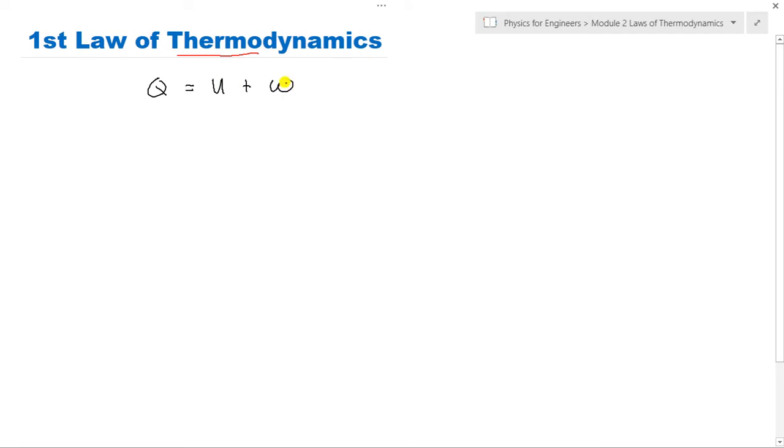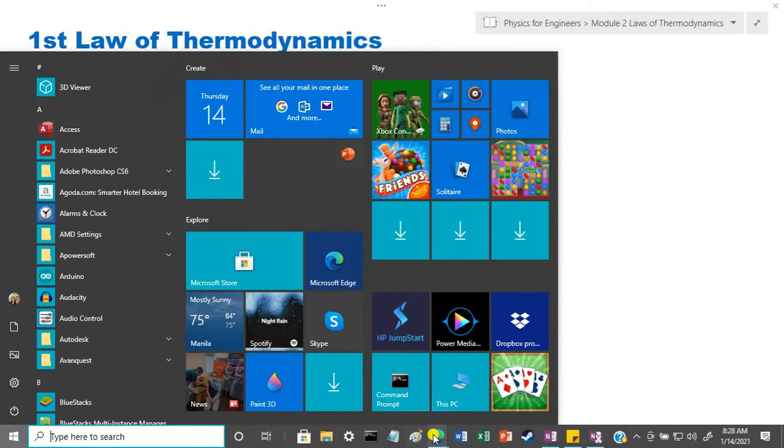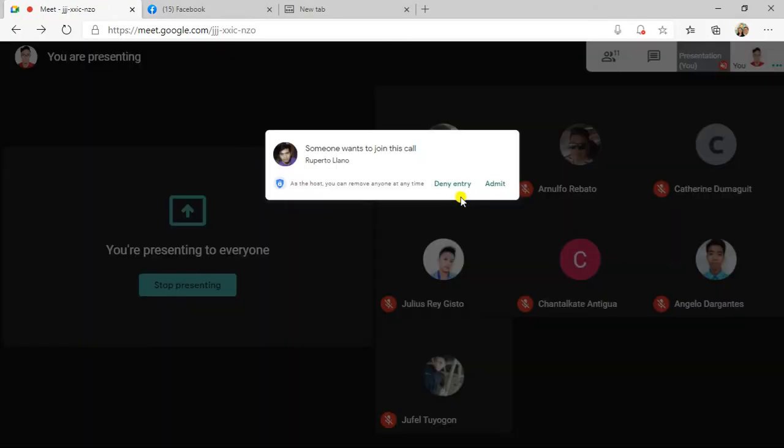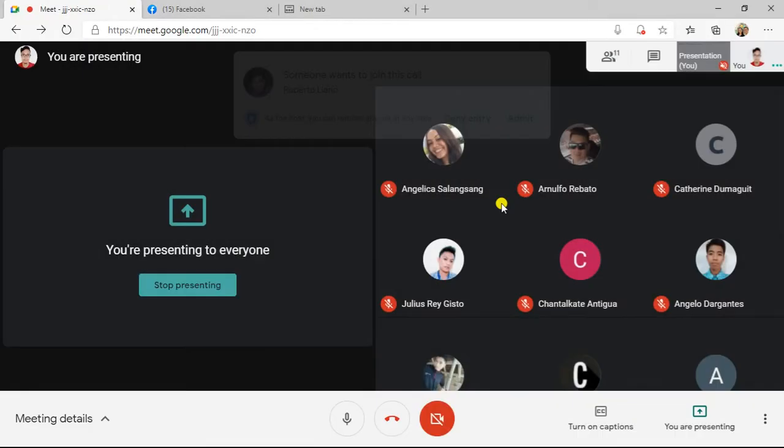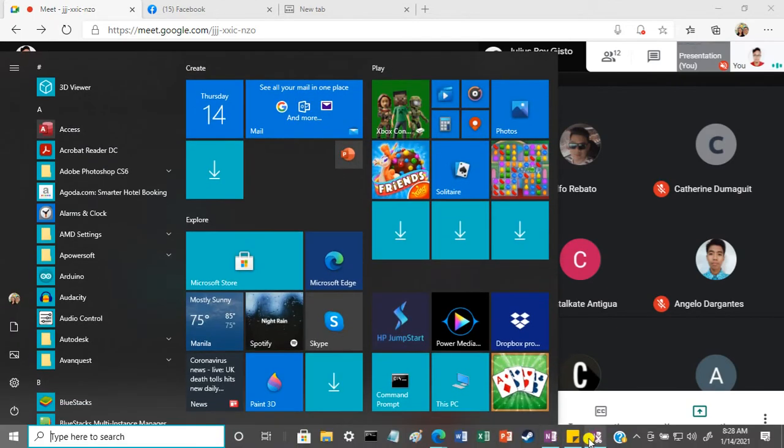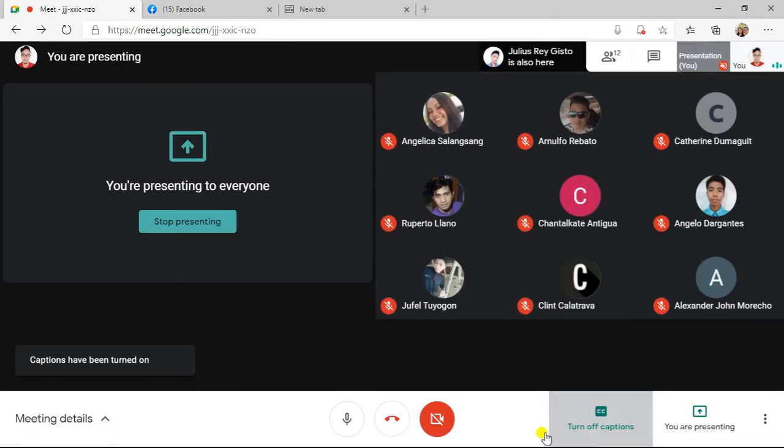So here, we'll define internal energy, and of course the work, and lastly the Q.